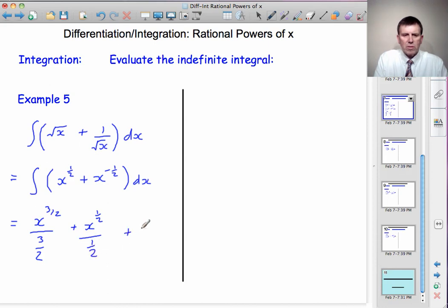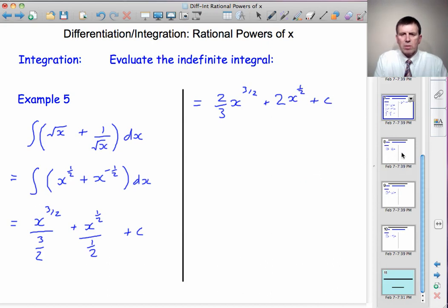And we have a constant of integration. Now what I need to do now is divide by these fractions, and to divide by a fraction you turn upside down and multiply. So this becomes 2/3 x to the power 3 over 2 plus 2 over 1, which I can just write as 2, x to the power a half, plus the constant of integration.